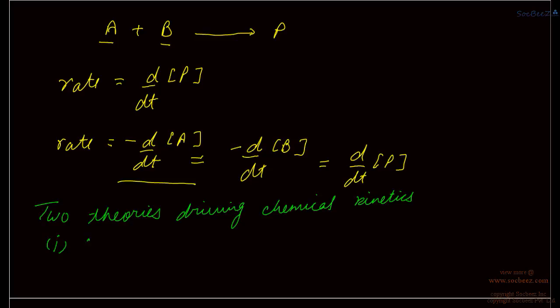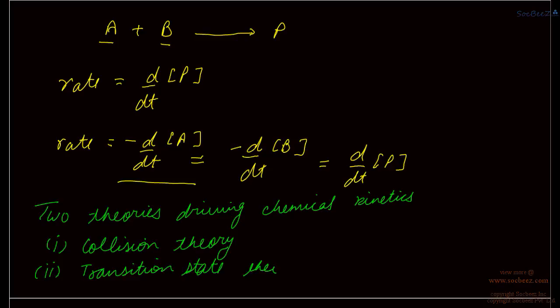First theory is known as collision theory, and the second theory is known as transition state theory.